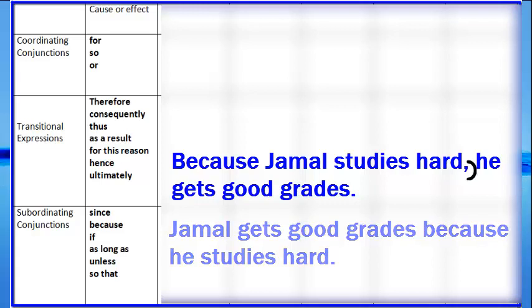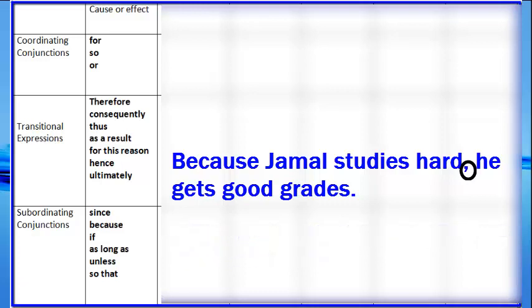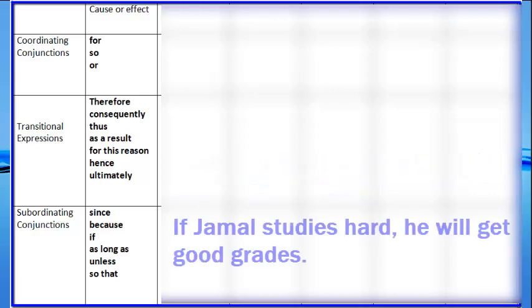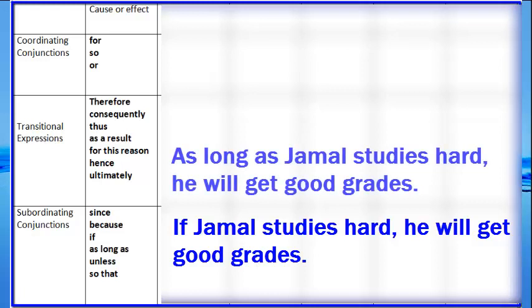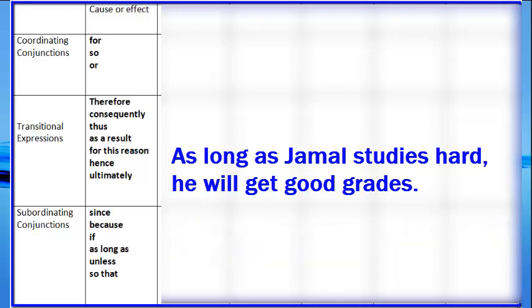In this case, a comma will separate the dependent clause from the independent clause. Other subordinating conjunctions can be used to create sentences with similar meanings. If Jamal studies hard, he will get good grades. As long as Jamal studies hard, he will get good grades.